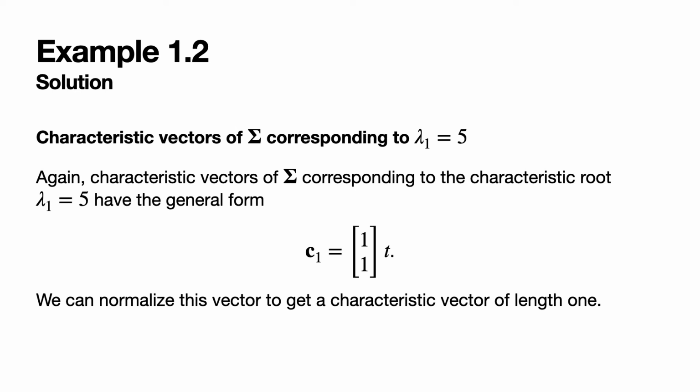The characteristic vectors of cap sigma corresponding to the characteristic root lambda 1 equal to 5 have the following general form: C1 equal to the 2 by 1 matrix containing 1s times the constant t, or equivalently the 2 by 1 matrix with entries t in the first row and t in the second row. We can normalize this vector to get a characteristic vector of length 1.